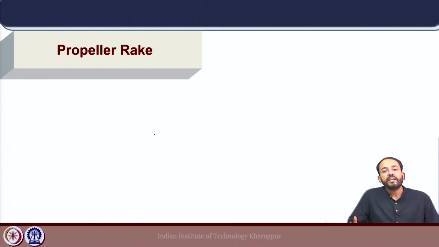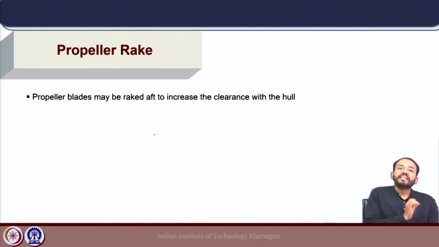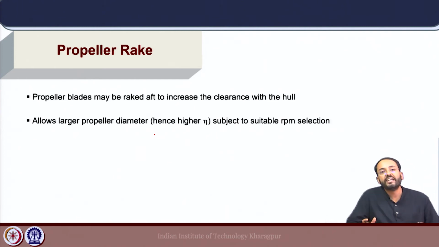Now, next we will move on to some other geometric characteristics, which are the rake and skew of the propeller blade. First, the rake is basically given to the propeller blade to maintain a higher clearance with respect to the ship hull.